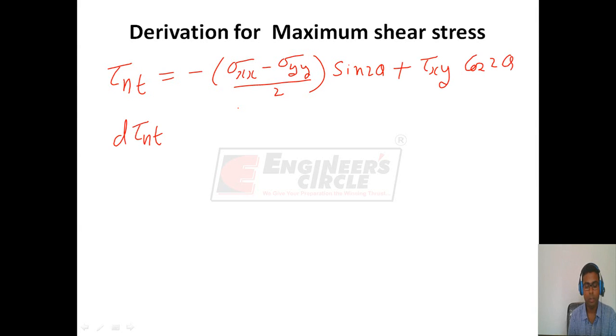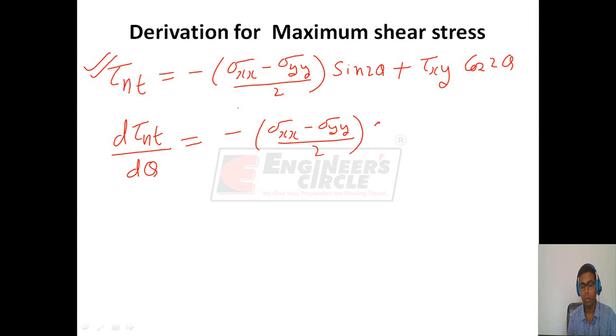By differentiating with respect to theta to find on which plane shear stress is acting maximum, we get minus (sigma xx minus sigma yy) by 2 cos 2 theta into 2 minus tau xy. Differentiation of cos 2 theta is minus sin 2 theta into 2.